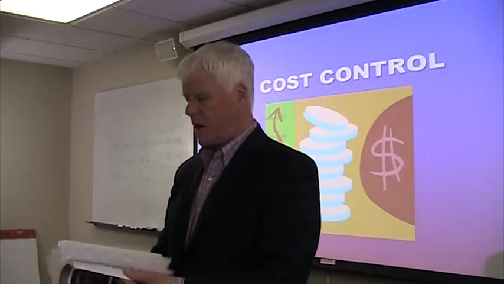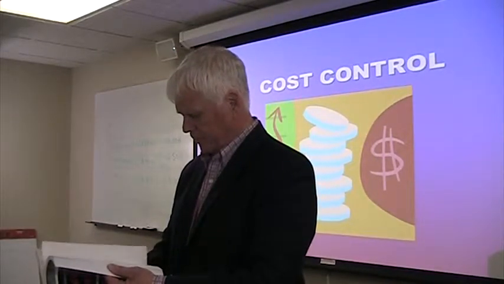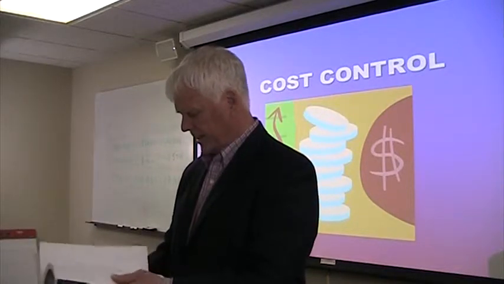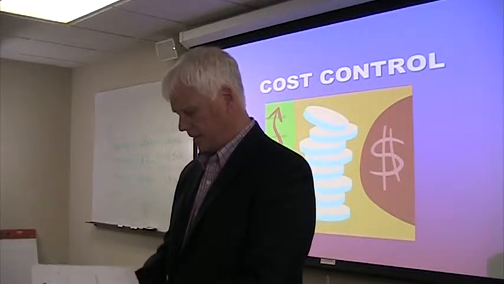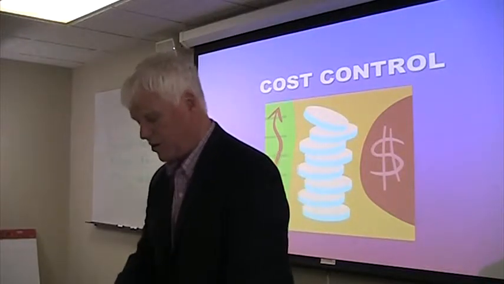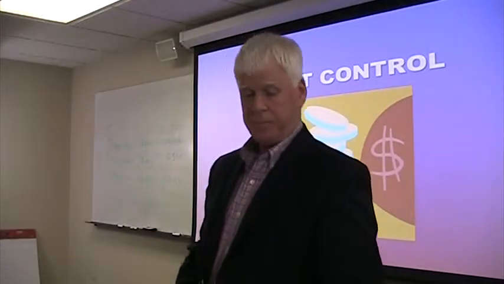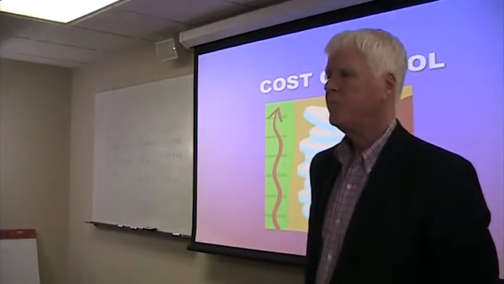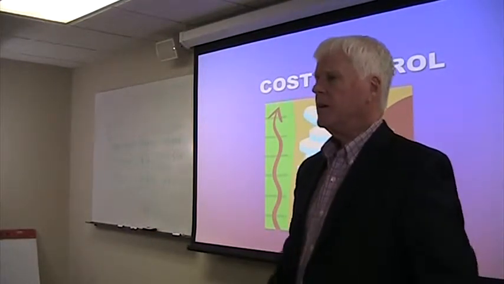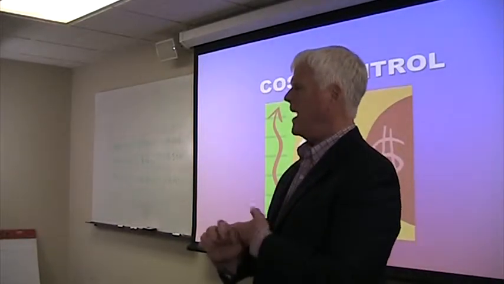So, we're going to start. Turn to page, I think it's 218. Am I right? Cost controls for food service management. If you remember, POA: management, planning, organizing, and action.